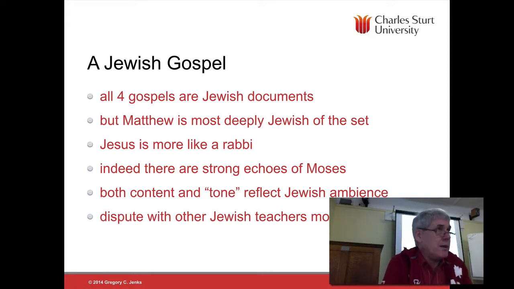And at the same time, and not inconsistently, the hostility or the argument, the dispute with rival Jewish leaders, seen especially in chapter 23, is the most vicious of any of the Gospels. But that also goes with an expression of Christianity which is very Jewish but is wrestling with issues of inclusion and exclusion.